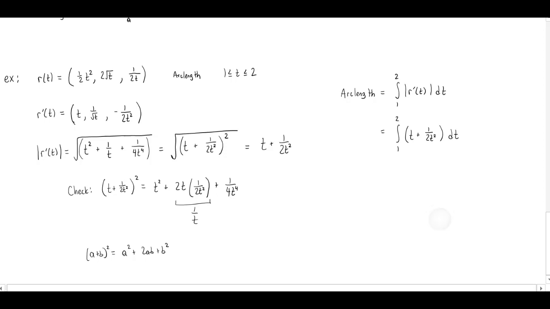Then let's quickly finish up the integration. The integral of t would be t squared over 2, okay? And then the integral of 1 over 2t squared, we have to write it as t to the negative 2. Then add 1 and divide, so it'll be negative 1 over 2t, okay?